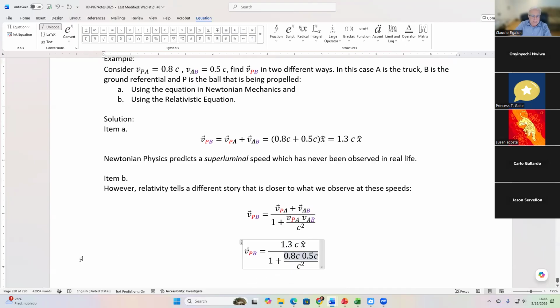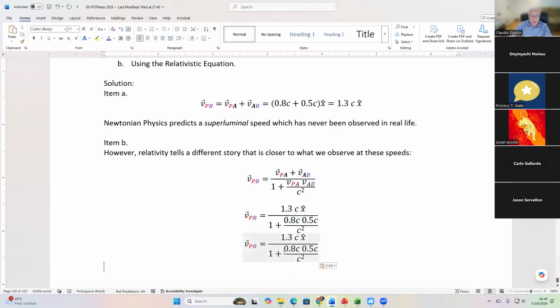And C squared in the denominator is going to cancel out. We're talking about 0.4.